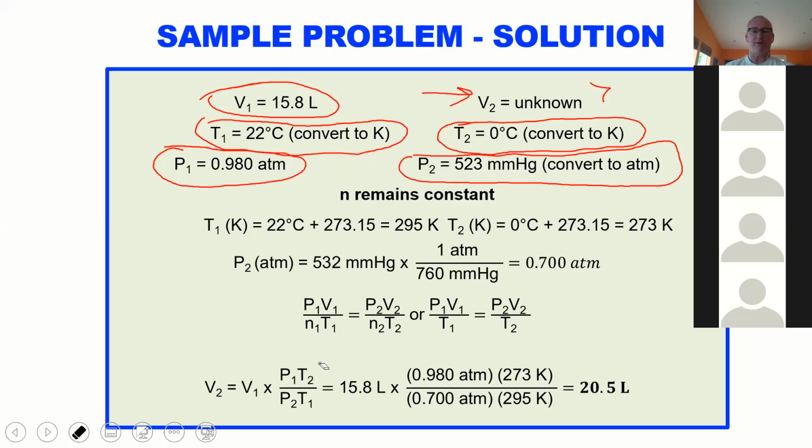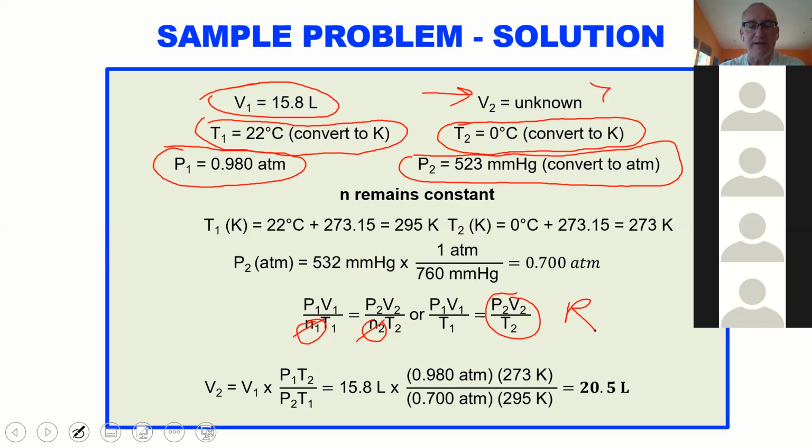All right, so this is how we would do it. As I mentioned, N stays the same, so we can eliminate that. So basically P1 V1 divided by T1 is going to be a constant, and it's going to be the same as the new pressure times the new volume divided by the new temperature, because they both equal nR.